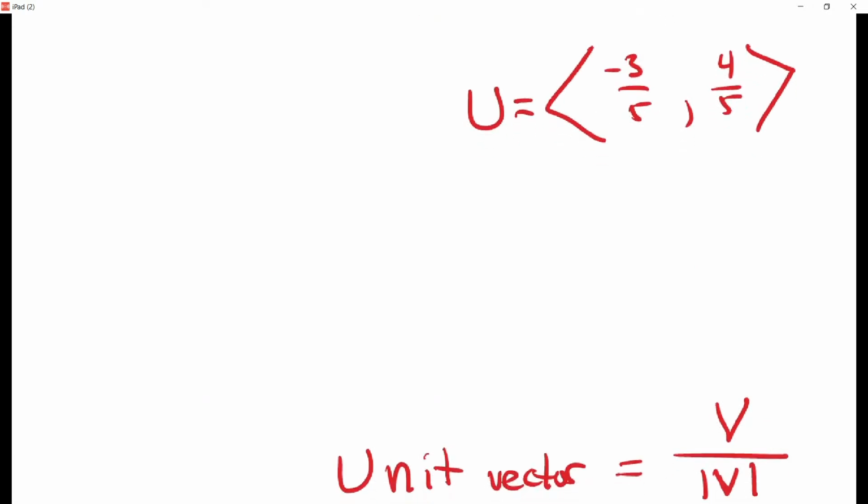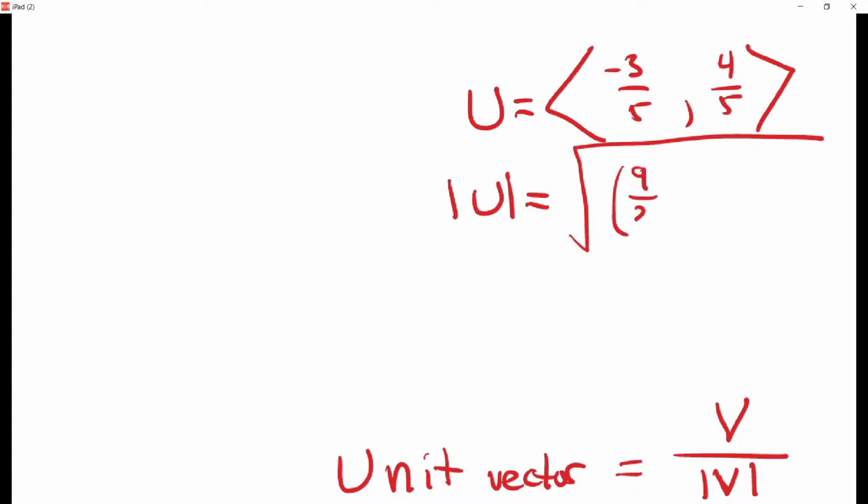So we need to find the magnitude of u. Cheyenne, do you know how to find the magnitude of a vector? It's going to be x squared plus y squared. Very nice. So we'll do this. This will be 9/25. I'll just use my mental calculator if you don't mind.